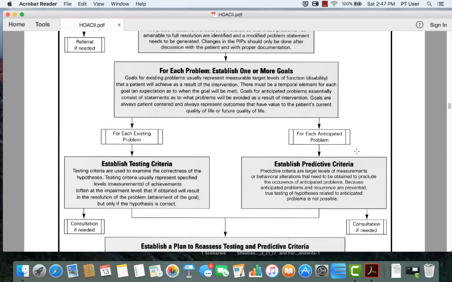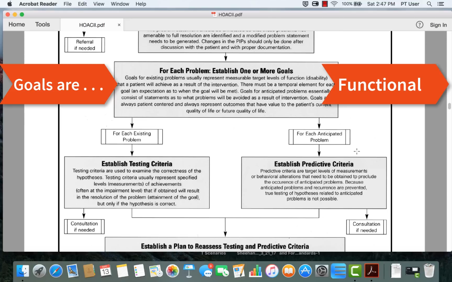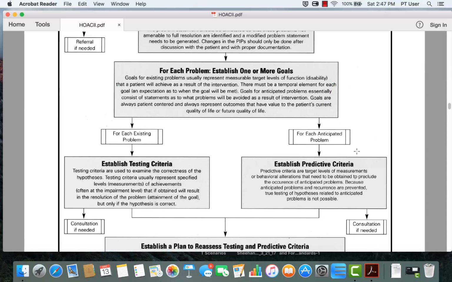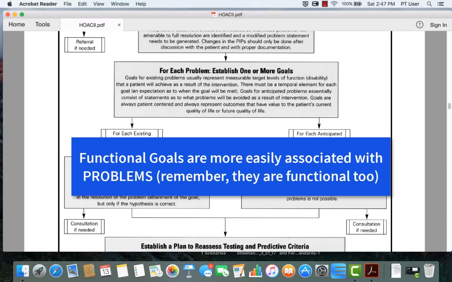But goals need to be at the level of function, and there will be a lot of discussion about goals, not so much maybe this semester, but as we move through the curriculum, this will come up again and again.